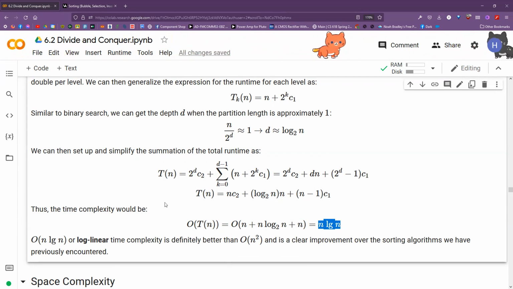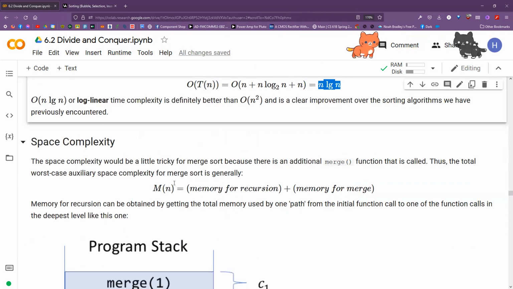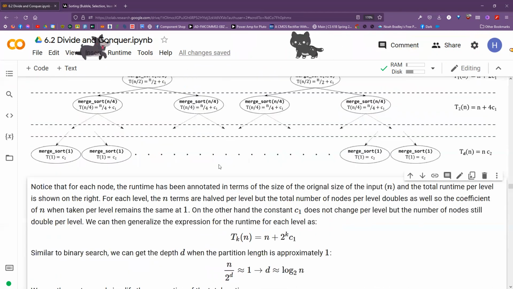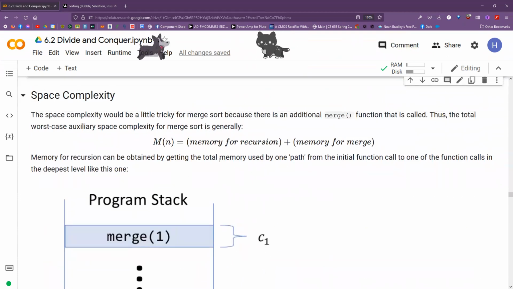So similarly sa binary search, yung ating space complexity is no longer constant because we use recursion. So ating space complexity, since dalawang functions yung kinoconsider natin, so yung recursive call at saka yung pag-merge ng dalawang list.